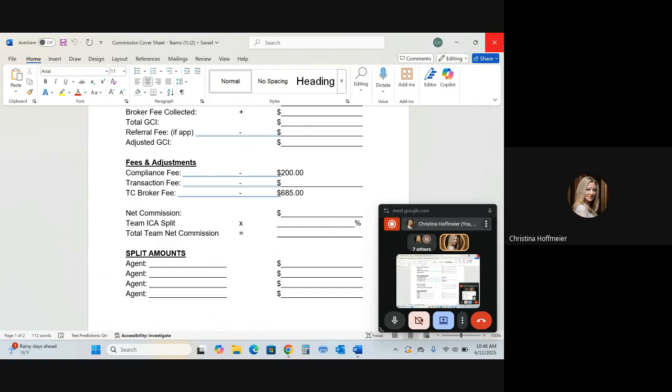So that's why we kind of have the checks and balances to make sure that you're getting paid correctly. The escrow accounts, how we are set up, and not every brokerage is this way. But when we set up these accounts, we have a commission escrow because we do not want that going into our general operating account. That's how you hear horror stories from other agents, like, I was working at this brokerage and my commission bounced. Well, that wouldn't be a problem if you're not commingling your funds.